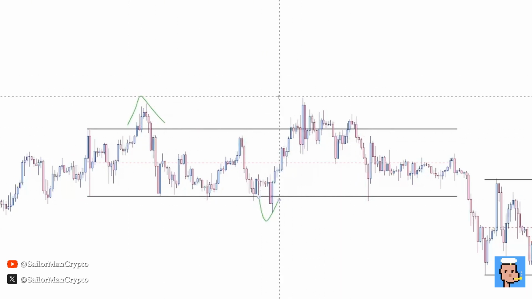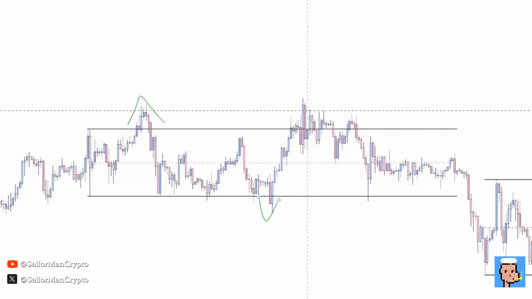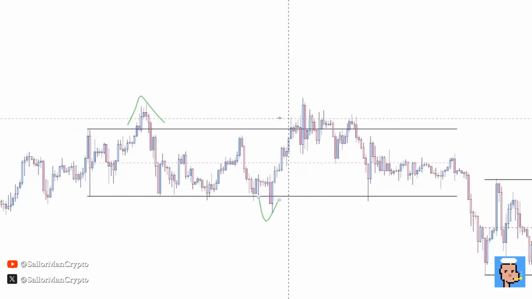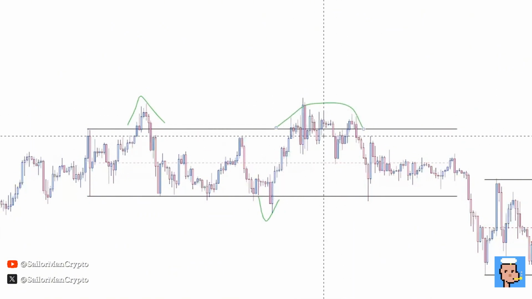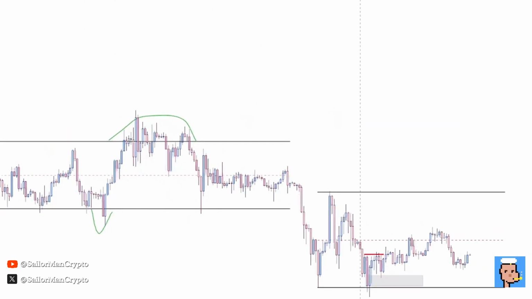Then the range started to develop and became wider because it deviated further. So the range then started to range for a long time. Here you would have to adapt your range high and range low according to this development, but let's say it's a bit of an advanced concept.